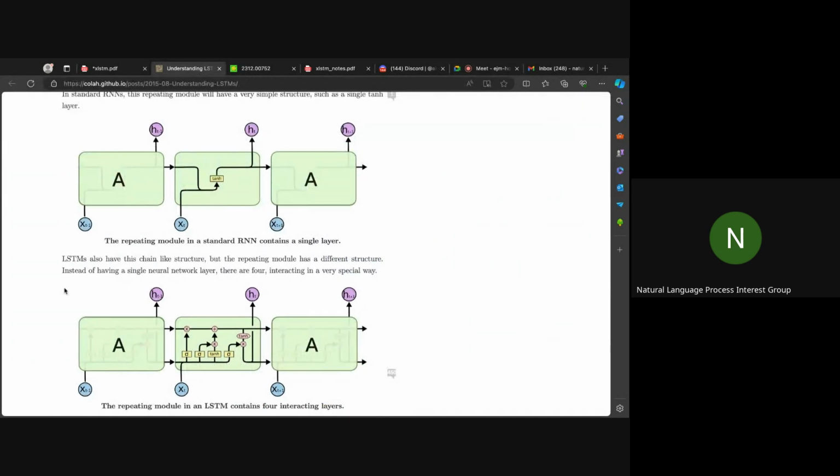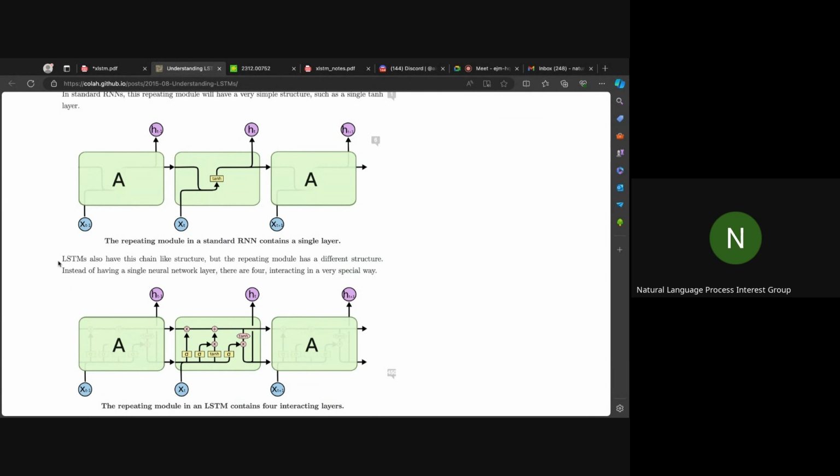So the LSTM architecture is a sequence to sequence architecture. At each input time, an input X is given, and that input is used to calculate the hidden state, which is then used to give an output of the sequence of the model.